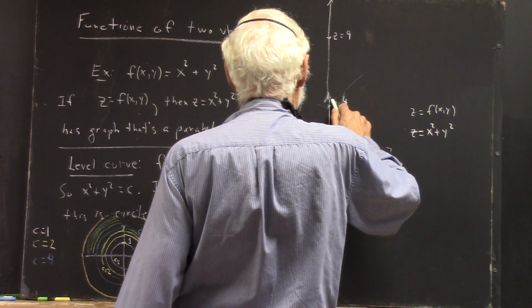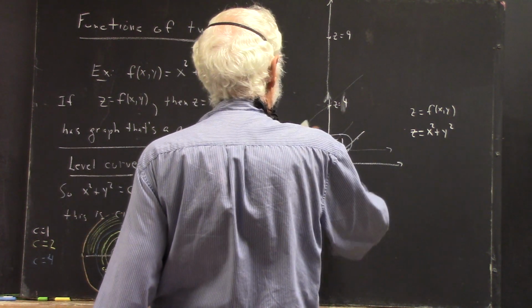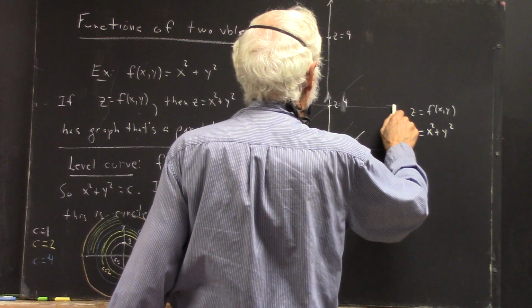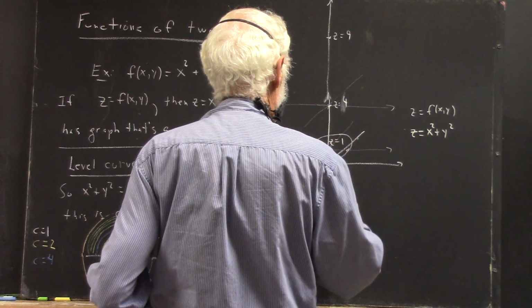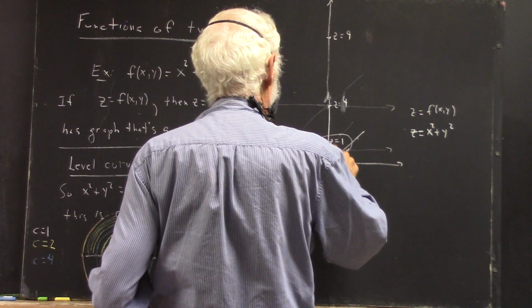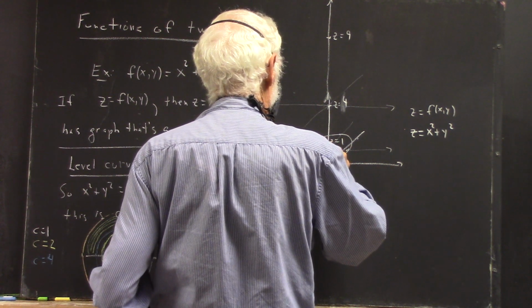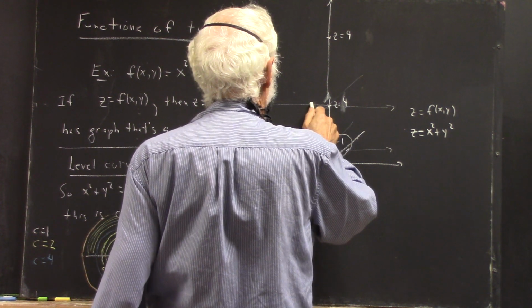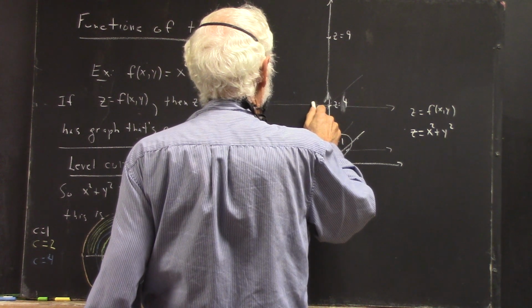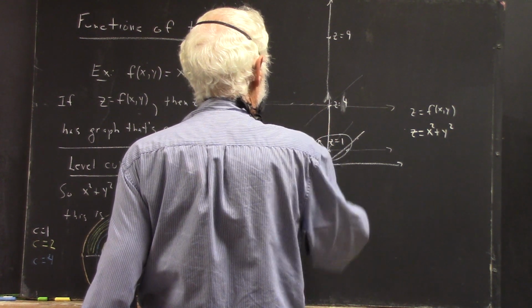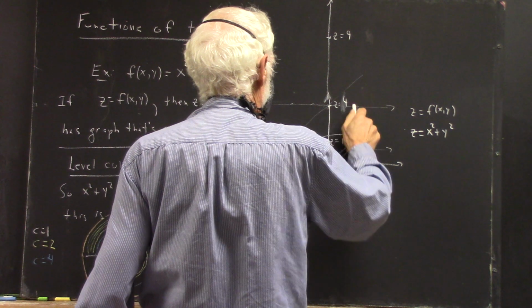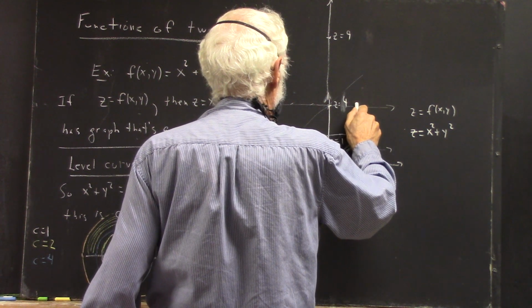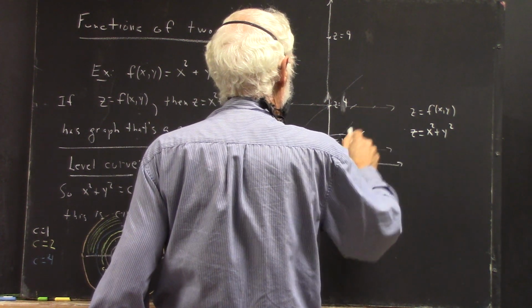And we're going to have a circle of radius 2. So this radius is 1. This radius, here's 1, here's 2. So there's 1, here's 2, here's 1, here's 2.